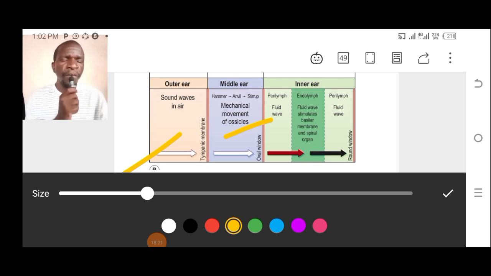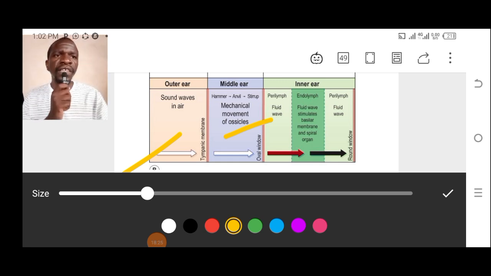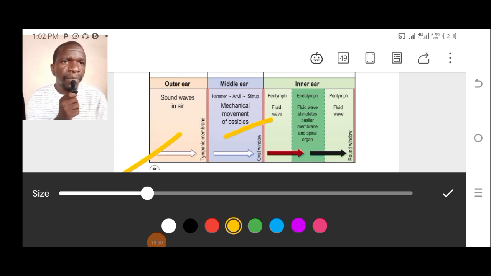stapes. So now the movement of the stapes to and fro in the oval window is now going to lead to the developments that are going to happen in the inner ear, right? So there's going to be transfer of that sound wave of pressure to the perilymph, right?